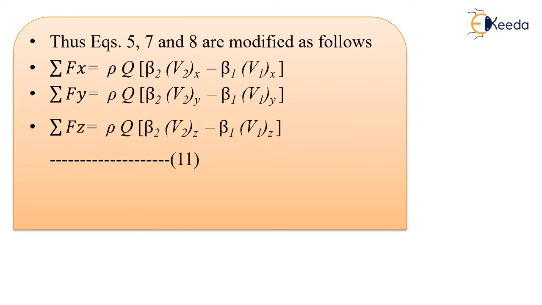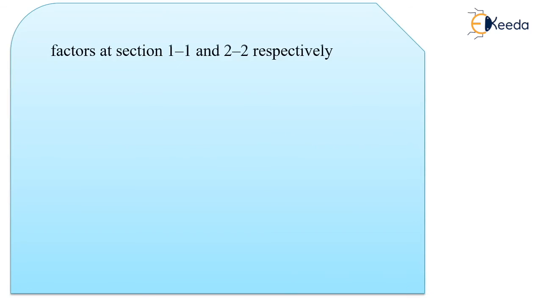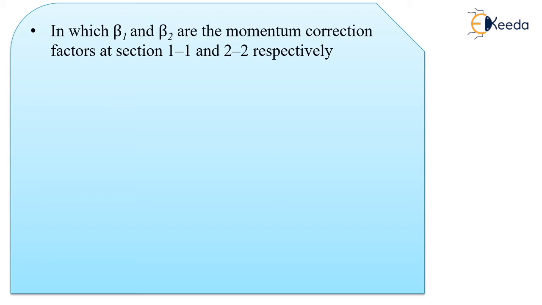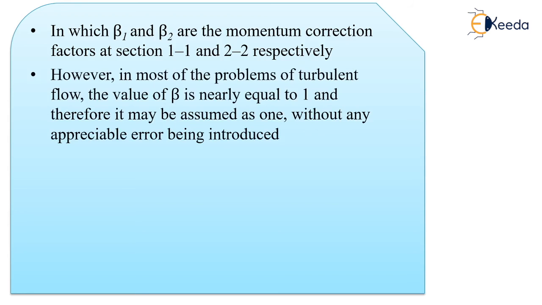Similarly, summation of Fz is equal to rho into Q into bracket beta 2 into v2 suffix z minus beta 1 into v1 suffix z. These are our equation number 11, in which beta 1 and beta 2 are the momentum correction factors at section 1-1 and section 2-2, as shown in figure number 1.